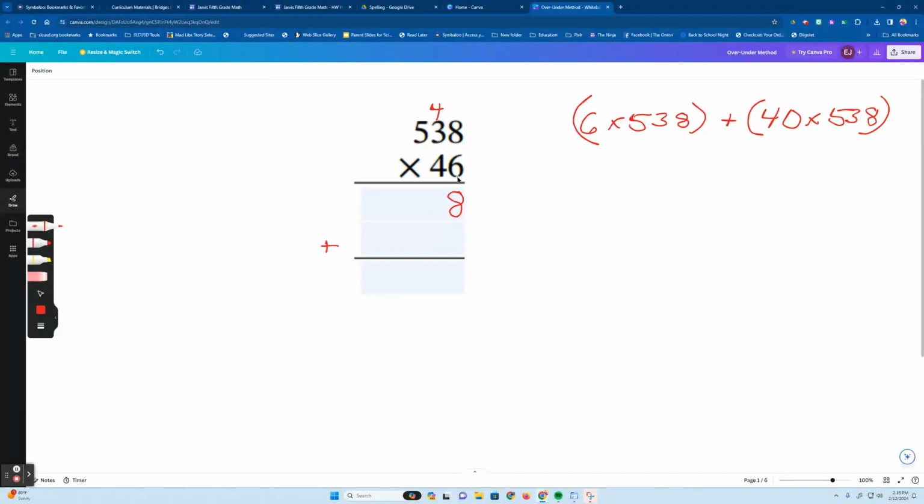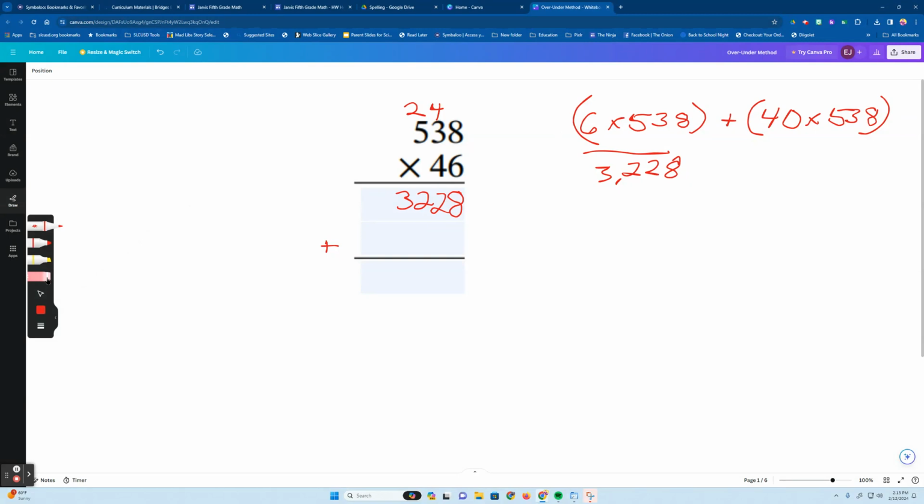And then I'm going to multiply 6 ones by 3 tens, and that's 18. And I'm going to get 22. So I'm going to write the 2 tens and then the 2 hundreds up here. And then 6 times 5 is 30 plus 2 more is 32. So I've taken care of this part here. So I got this part, and this is 3,228.